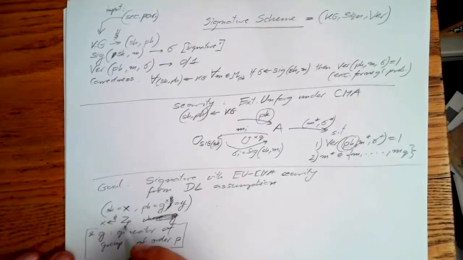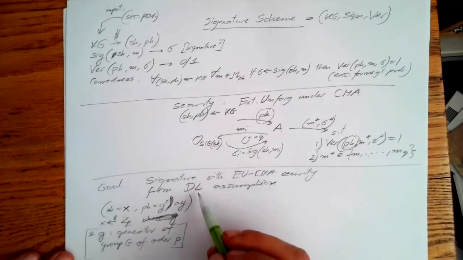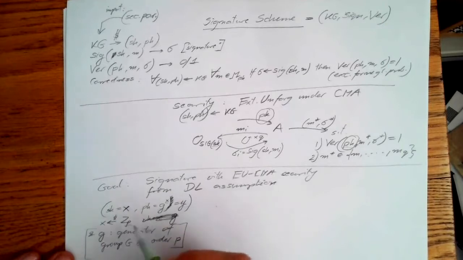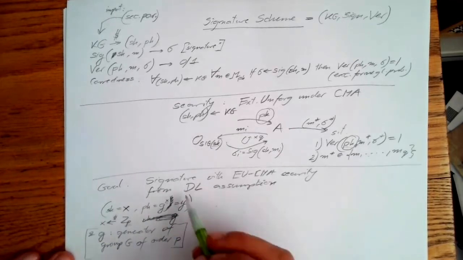And so is the prime here that tells you what's the order of the group. So if Y was a public key, and if indeed X was the only way to sign, then we would have hardness based on discrete logarithm, because if we could show that the only way to sign is to compute X, which is a discrete logarithm, well, then that is hard by the discrete logarithm assumption.